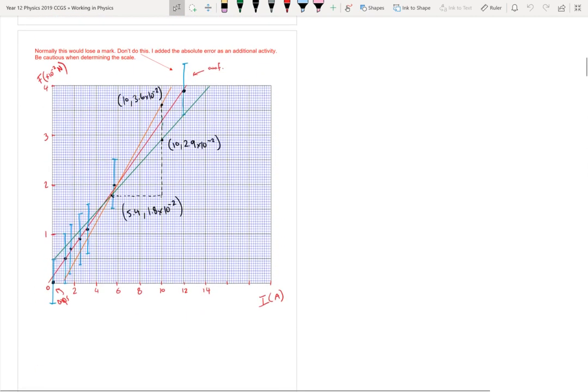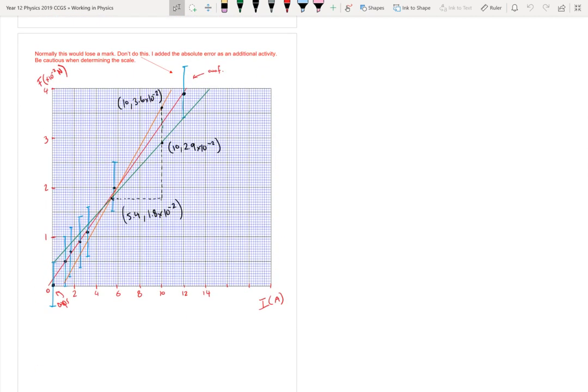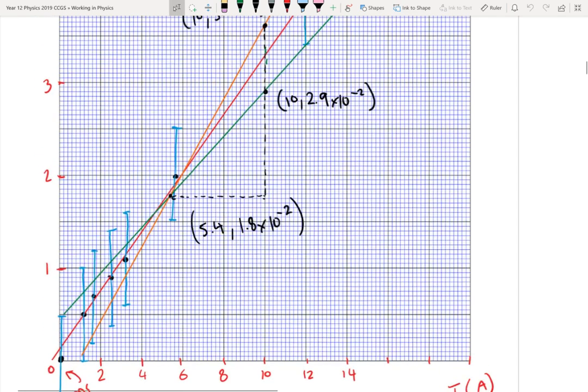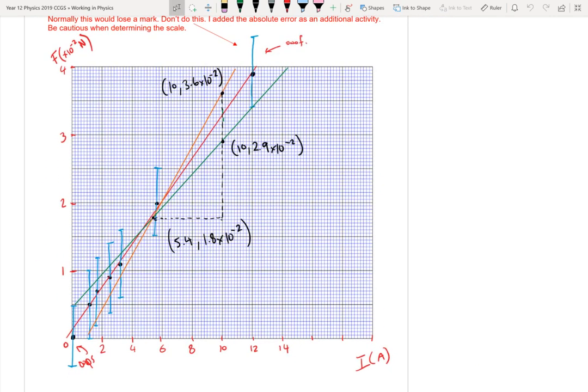Now, here's where this method has appeared, I'll show you some examples. We looked at how you can get your line of best fit, where you try and get them all to line up, least squares regression. But then you can take from the bottom of the first error bar to the top of the last, which would give you the maximum allowable gradient with the error, and then vice versa, from the top of the first through to the bottom, that would give you the lowest allowed gradient.